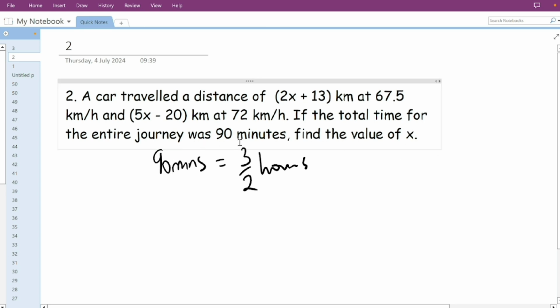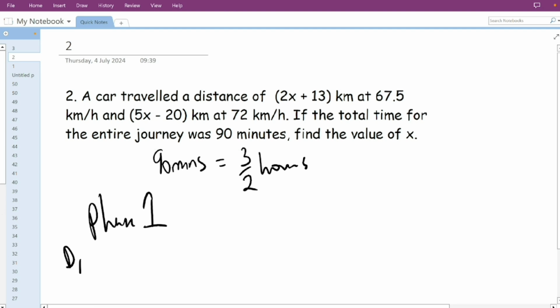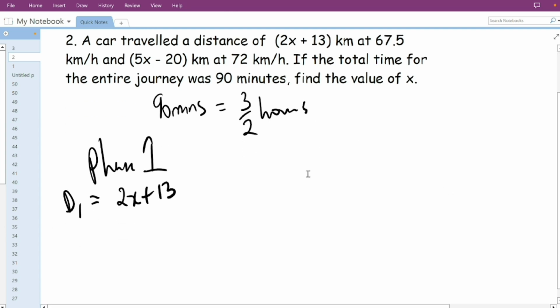Now the total time for the journey is 90 minutes, like we know. So how do we solve the question? Let's start by writing out the info. Phase 1 of the journey: the first distance, d1, is 2x plus 13 kilometers, and the speed for the first phase, s1, is 67.5 kilometers per hour.